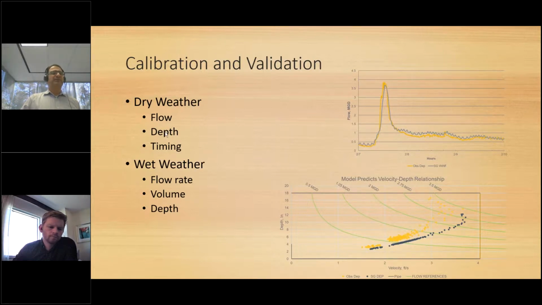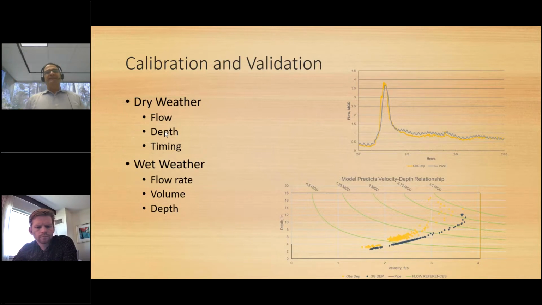Models will always, I mean, I say always, let's say 99% of the time, because I haven't worked on every single model that's out there, but they will underestimate depth and overestimate velocity, because in the model, you put an 8-inch pipe at a certain slope, that's what it is. In reality, there are offset joints, there is debris accumulation, there are things that you don't see that make it not a clean pipe.